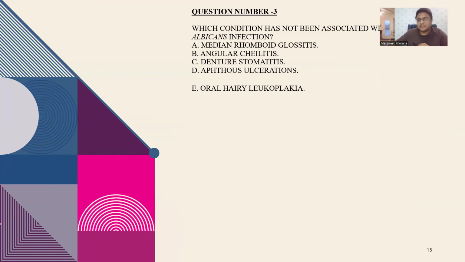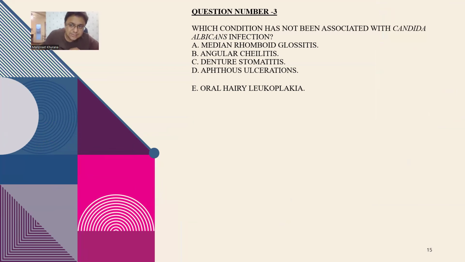Now, this is a question where he's asking which condition has not been associated with Candida albicans. So it means that one of them is not associated with Candida albicans infection, right? So let's see what all these options are: median rhomboid glossitis, angular cheilitis, denture stomatitis, aphthous ulcerations, and oral hairy leukoplakia.